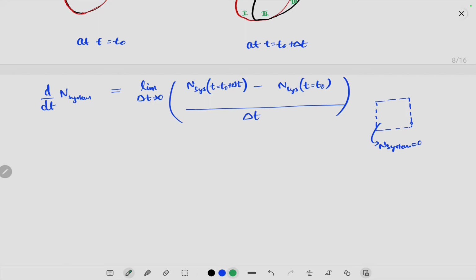I should also tell you that the boundary of this control volume is called the control surface, which has the shorthand notation CS, and the volume enclosed is called the control volume. If this control surface does not bound any fluid, then N system would obviously be 0.